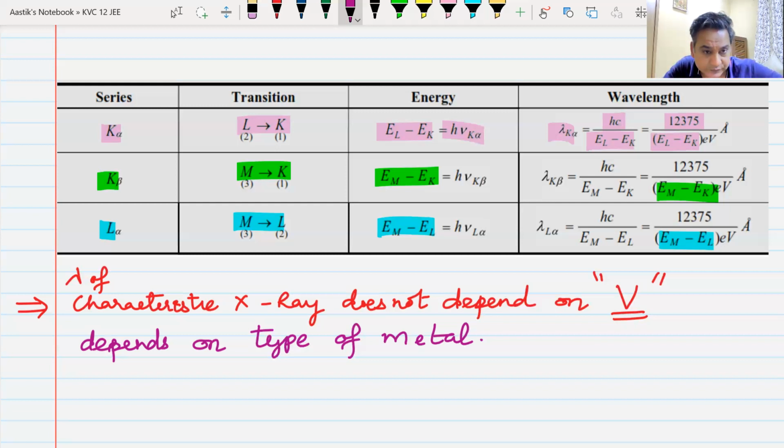Okay, now I will show you a graph. So now if I show you the actual graph of X-rays, when we have X-rays coming out from a Coolidge tube, the graph will look like this.